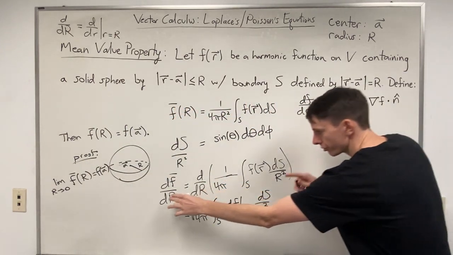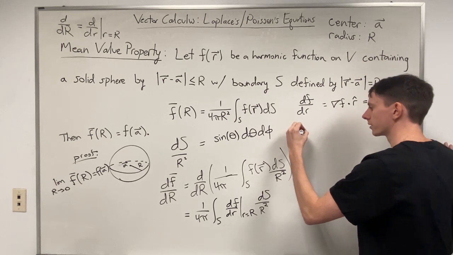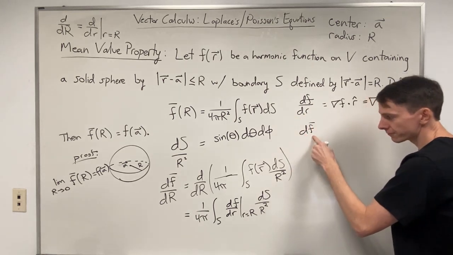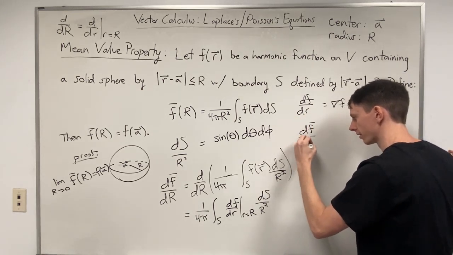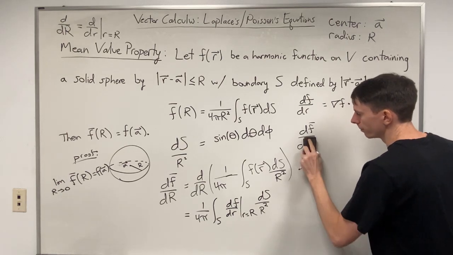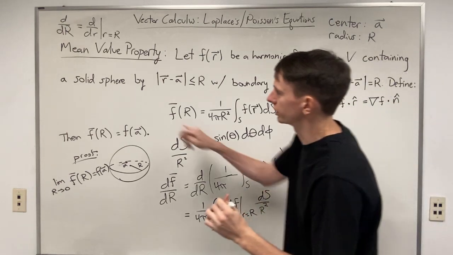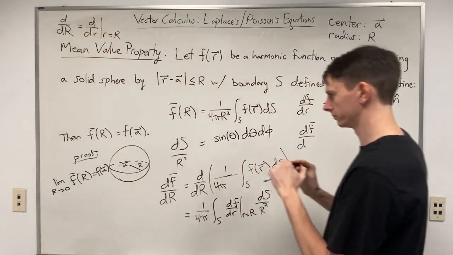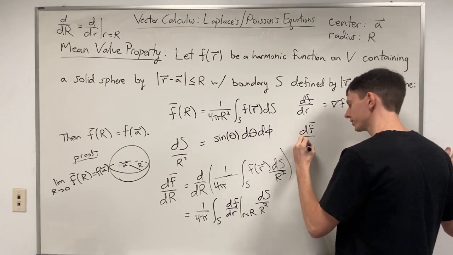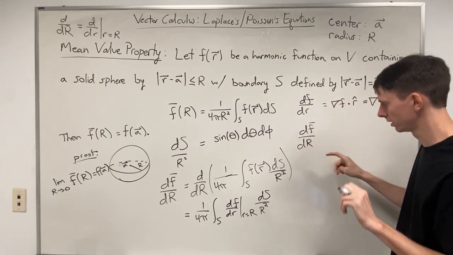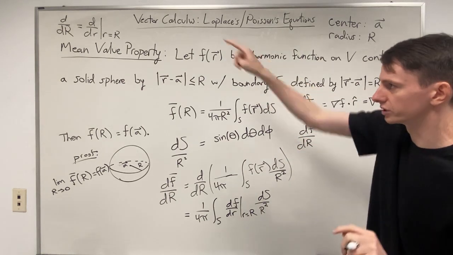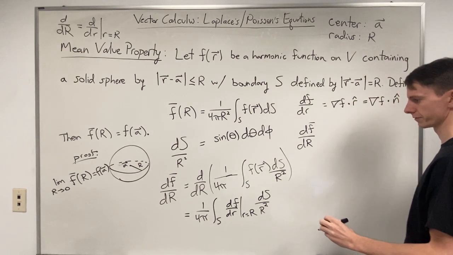So I'm going to rewrite this equation. I have df dr, or d average f with respect to dr, like this. In case we're wondering, why aren't we just using lowercase r? That will become apparent later as well. But there's a reason why we're differentiating with respect to upper R, or using that definition for a derivative.